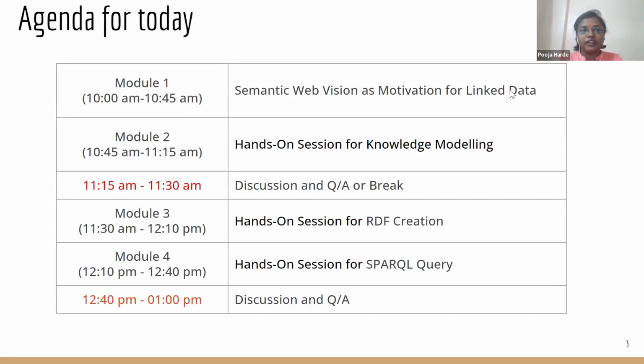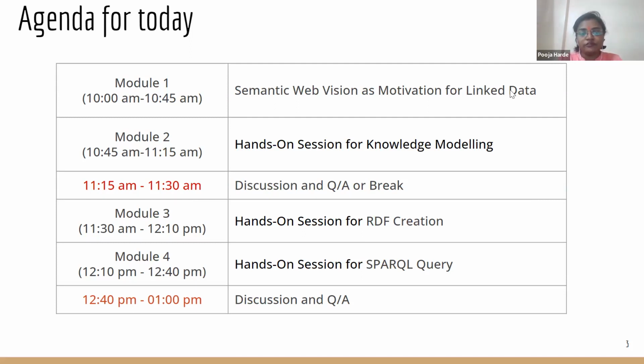The agenda for today's tutorial is: we will start with the first module, the semantic web vision as motivation for linked data. Then the second module, knowledge modeling, with a hands-on session on how to create knowledge models and how to use them.